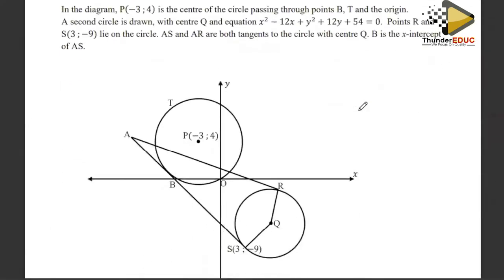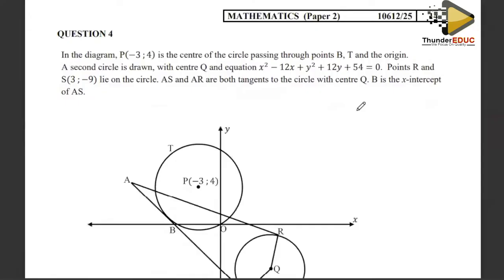Question number 4 is analytical geometry with circles. What are they telling us? On the diagram, P is negative 3, 4, the center of a circle that is passing through B, which is the x-intercept, and T is the origin.